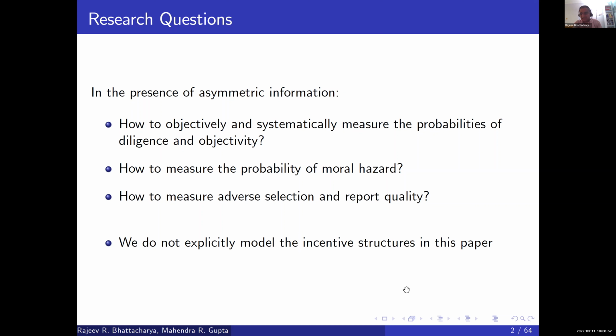So we'll have indices of those, and for adverse selection and report quality, we need some additional empirical conditions to make that happen. One thing we need to be very upfront about is that we do not explicitly model the incentive structures in this paper.